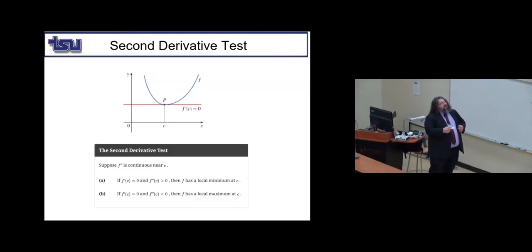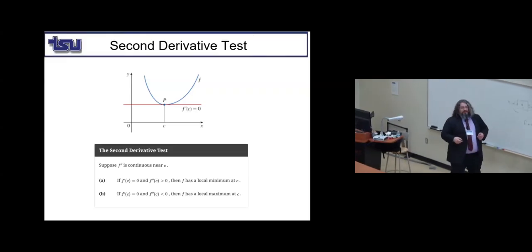But we also know that the second derivative is positive, meaning that the graph is concave up. In that case, if the first derivative is 0 and the second derivative is positive, then f has a local minimum right there. Similarly, if the second derivative were negative, that would mean that we'd have an upside down bowl shape, and f would have a local maximum at that point.